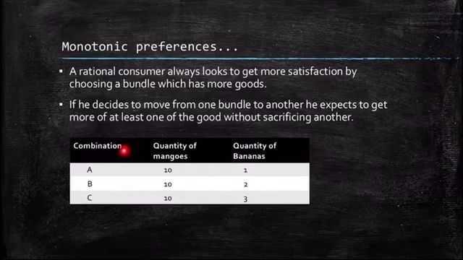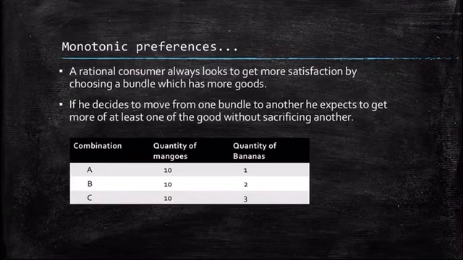Here we have three combinations A, B and C, and each combination is giving 10 units of mangoes. But if you observe carefully, the consumer is getting an extra unit of bananas every time he is moving from one bundle to another bundle.